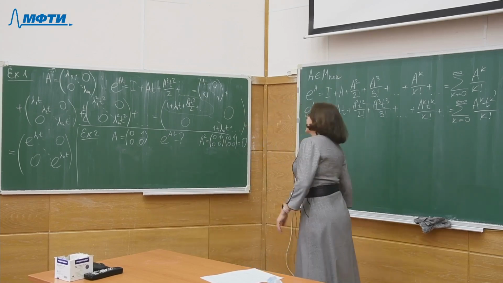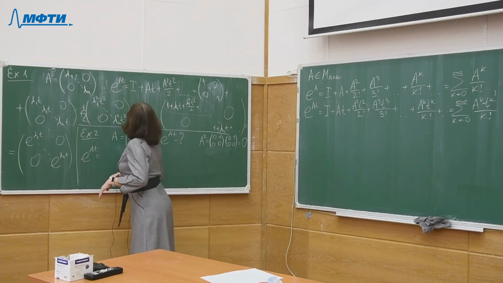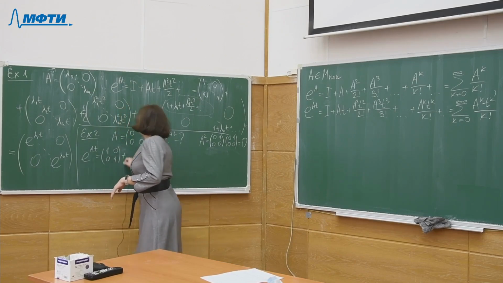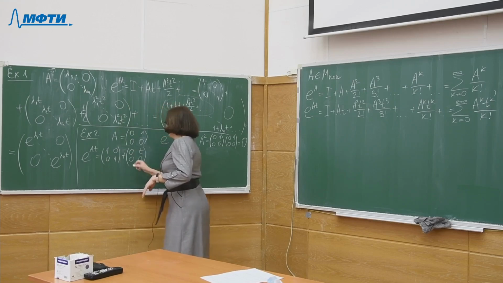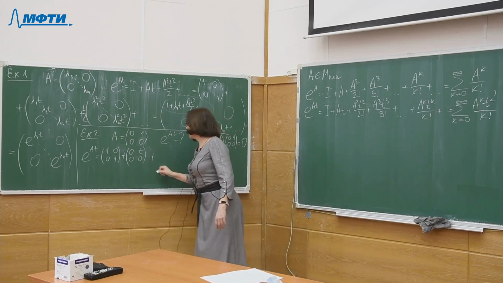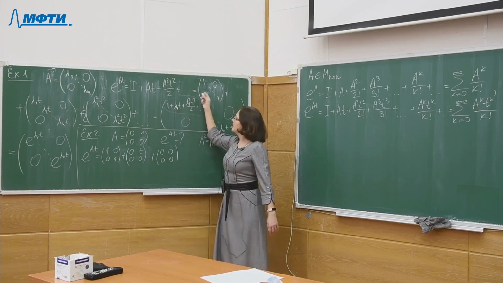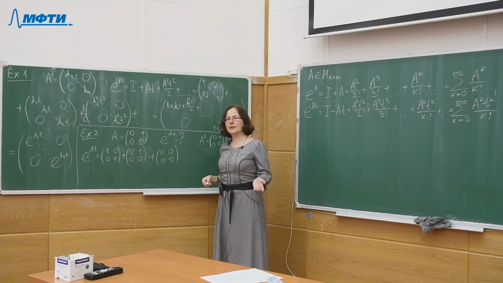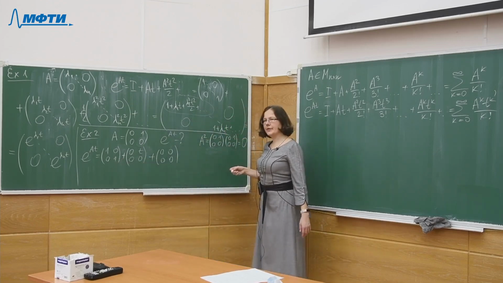So e to the power At is equal to the identity matrix plus the matrix 0, t, 0, 0, plus the zero matrix. Each of the matrices A cubed, A to the 4, and so on will be zero matrices. And so e to the power At will be given by this formula.